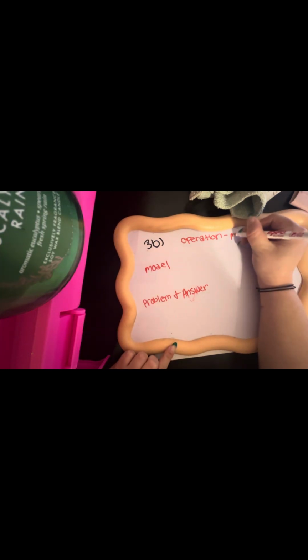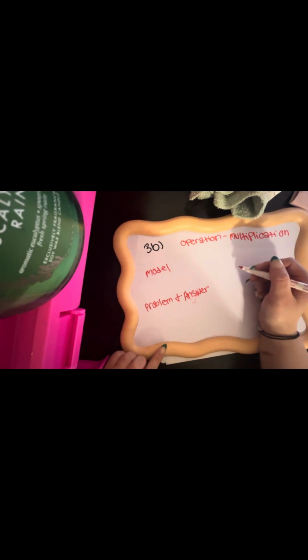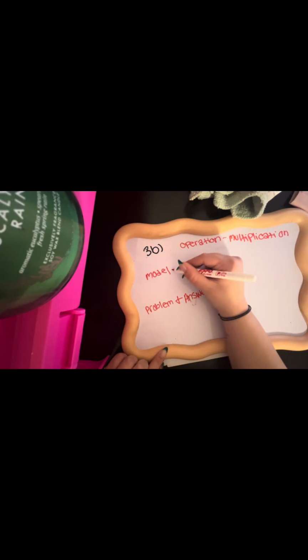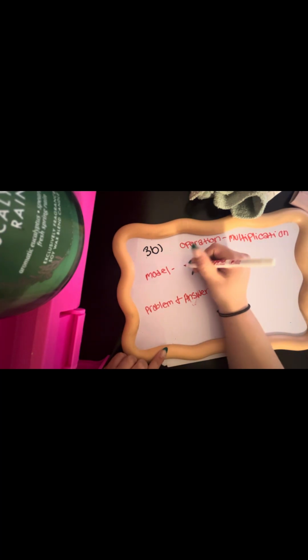For question 3B, the operation for this is multiplication. Because we are combining our choices. The model we are using is the Cartesian model.